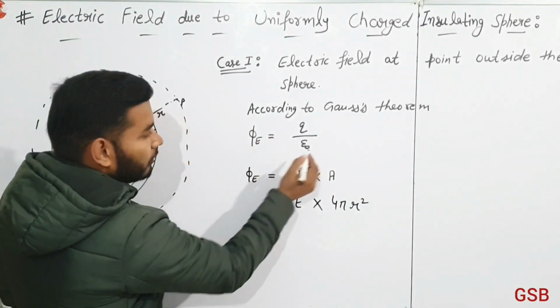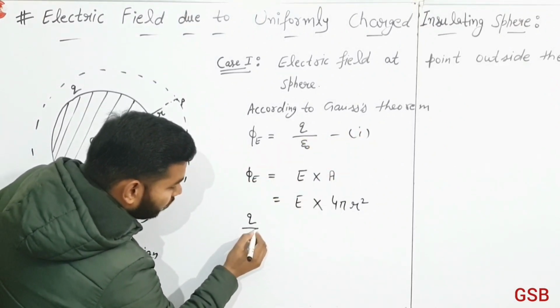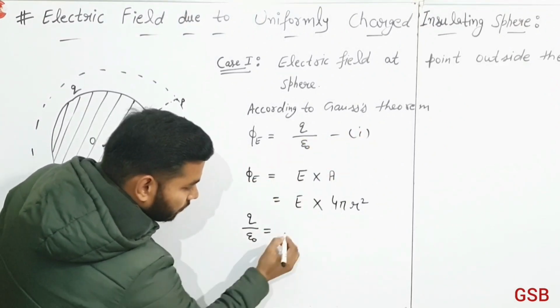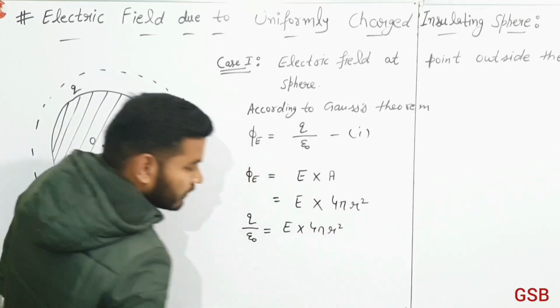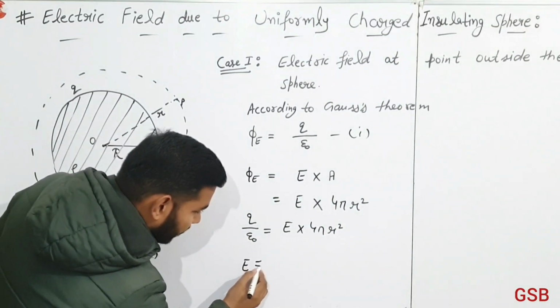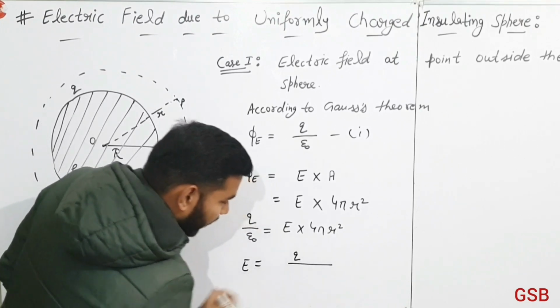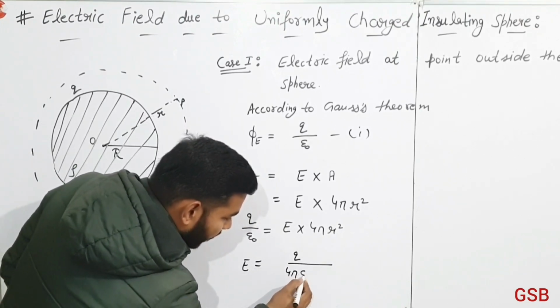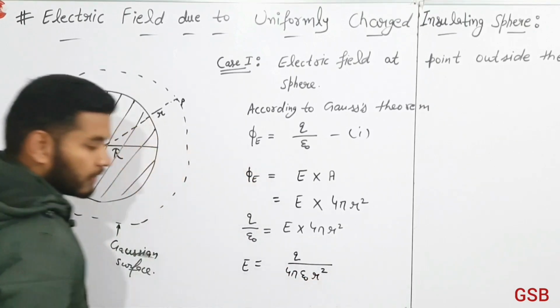Now we know from equation number first, Q by epsilon naught is equal to E into 4 pi r square, and the value of electric field is E equals Q by 4 pi epsilon naught r square.